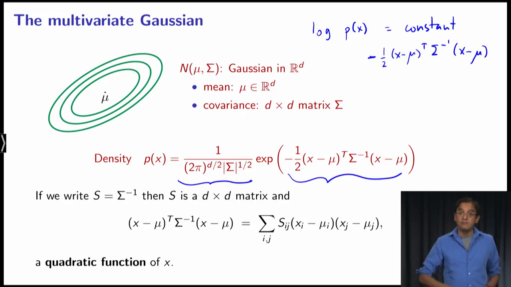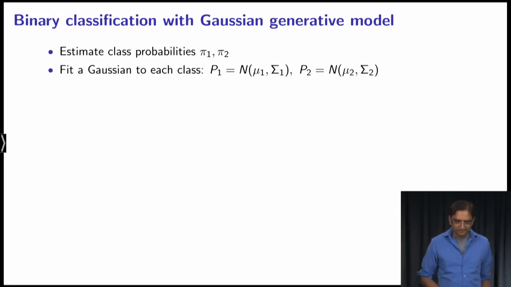And so log of p(x) is a bona fide quadratic function. As we'll see, what this means is that if you use Gaussian distributions in the generative approach to classification, the decision boundaries you get will in general be quadratic. Okay, so let's see a little bit more closely why that's the case.